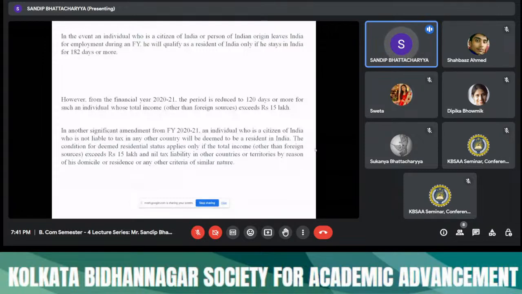That is, however, from the financial year 2021, this period is reduced to 120 days or more for such an individual whose total income other than the foreign sources exceeds rupees 15 lakh. So what does it mean?